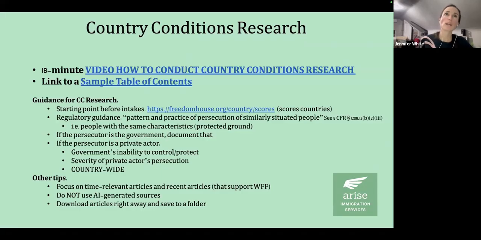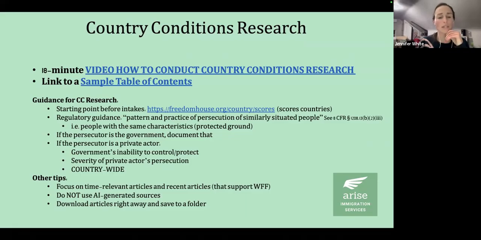And of course, you want it to be recent enough so that you're arguing in support of the future fear claim. Because if your client fled a while ago, you're always anticipating that the government is going to say it's perfectly safe now for them to return. So that's why bearing in mind the time frame is helpful.